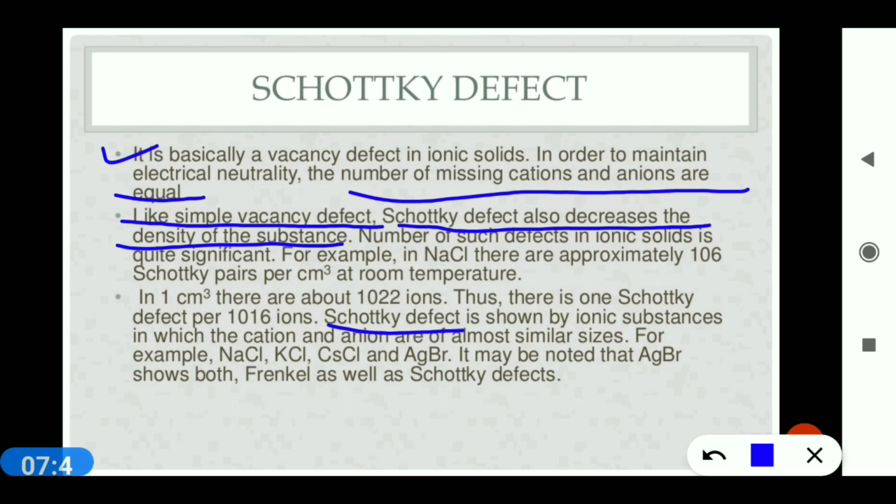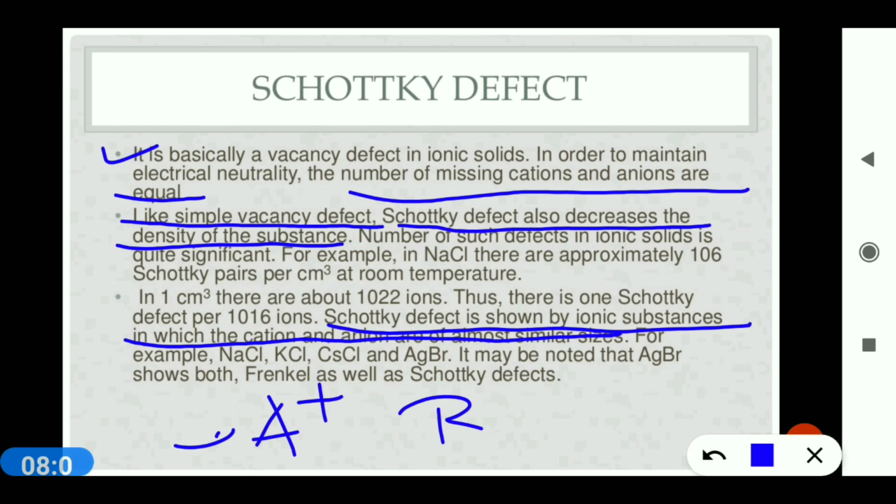Schottky defect is shown by ionic substances, again and again I am repeating this sentence, in which the cation and anion are of almost similar size. It means the size of the cation and the size of the anion are nearly the same.